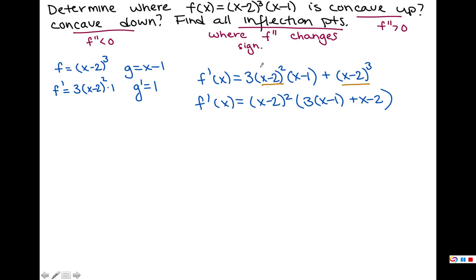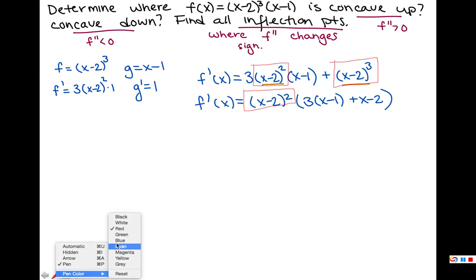I notice that both terms have an x − 2 in them. The first term has an (x − 2)², and the second term is an (x − 2)³. So I was able to take (x − 2)², that's my GCF, and pull that out front.